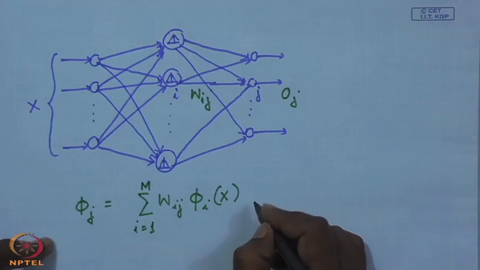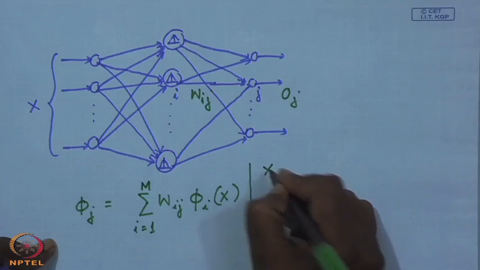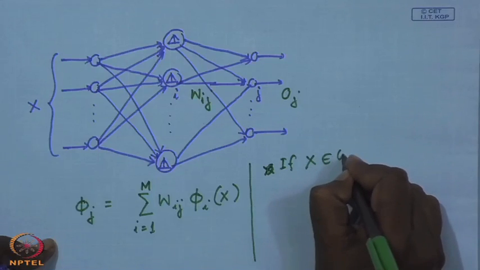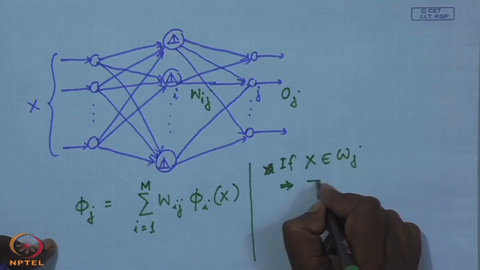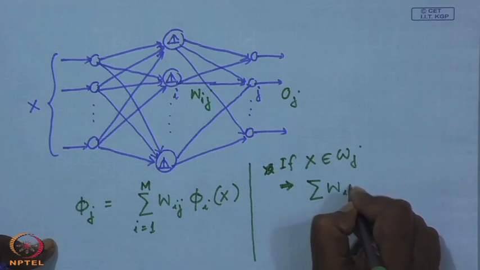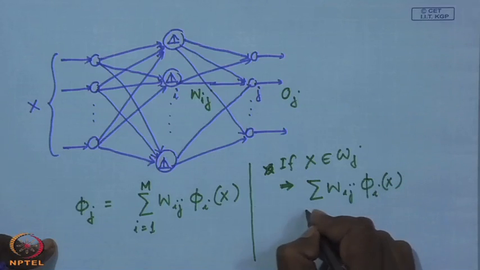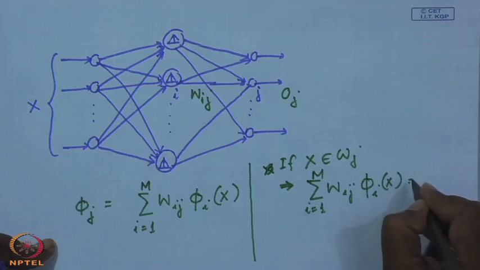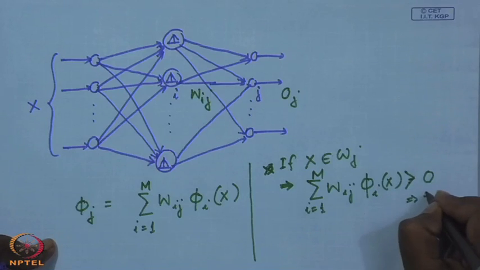And naturally, if this feature vector x belongs to class omega j, then I have to have the sum of W i j times phi i of x, i equal to 1 to m, greater than 0; I will put this as plus 1.